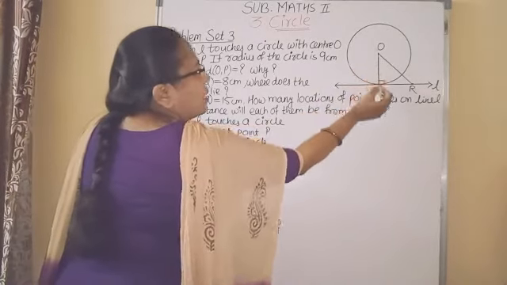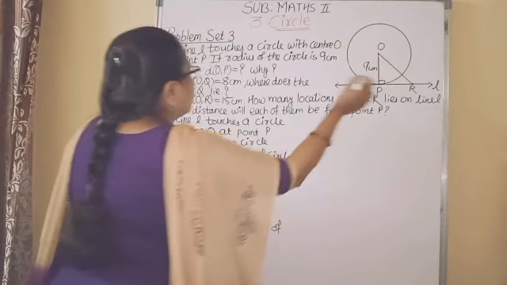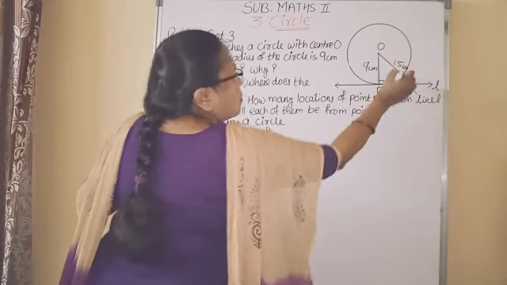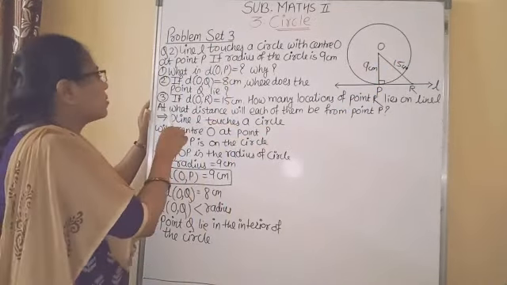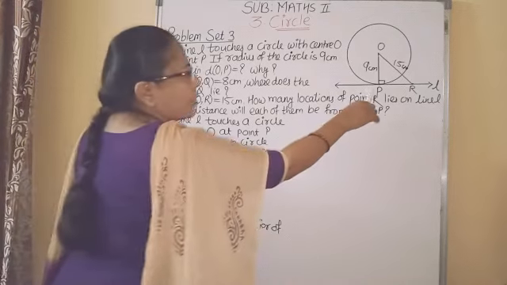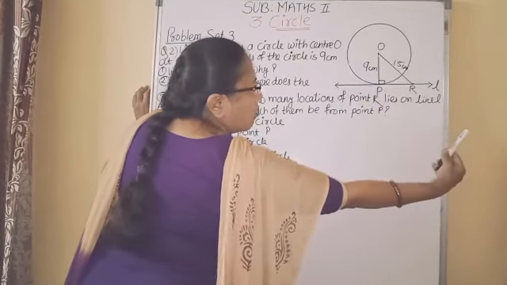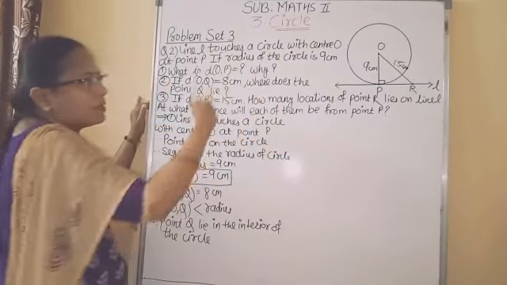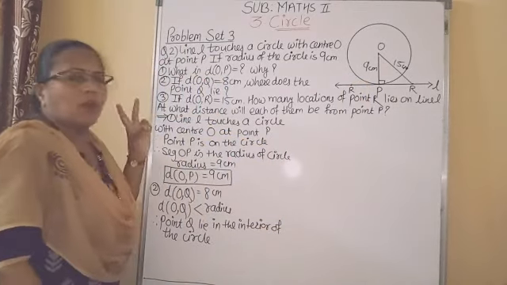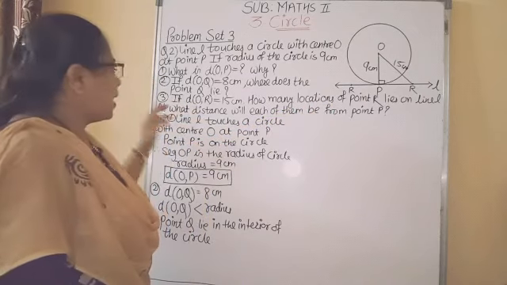The distance OP is given, radius which is 9 centimeters, and this distance OR is given 15 centimeters. So first we have to write how many locations there are on line L. Okay. So point R may be on the right hand side of point P, or it may be on the left hand side of point P. So there are two locations of point R on line L.